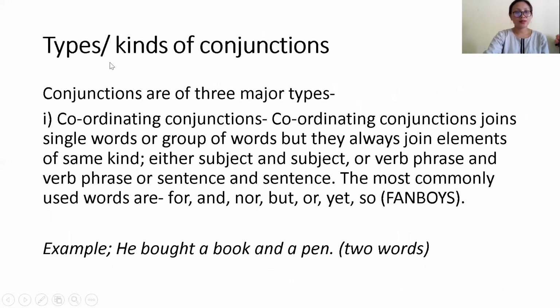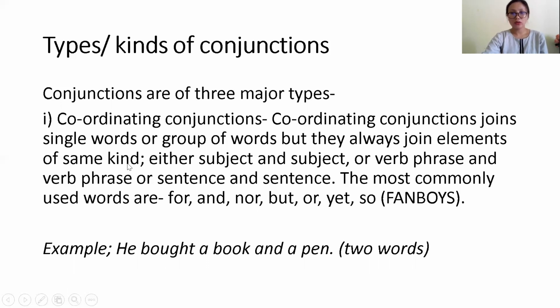Now we have the types or kinds of conjunctions. Conjunctions are of three major types. Number 1, we have coordinating conjunctions. What are coordinating conjunctions? Coordinating means combining two words or sentences of the same kind. Coordinating conjunctions join single words or groups of words, but they always join elements of the same kind.